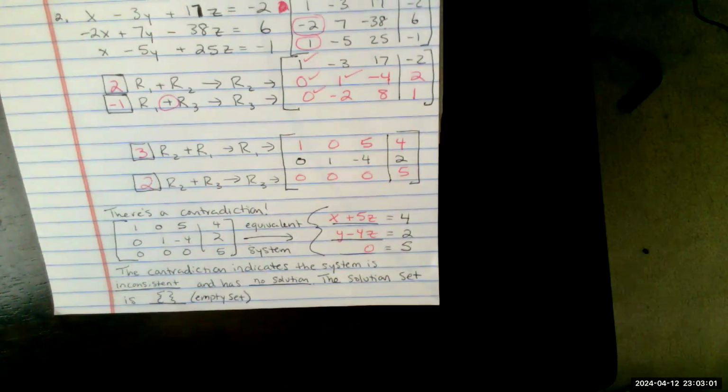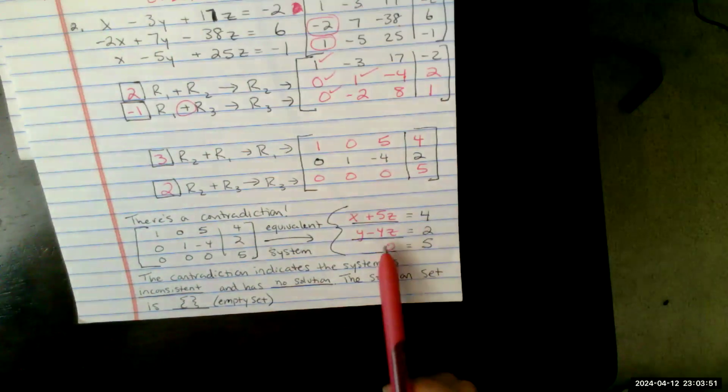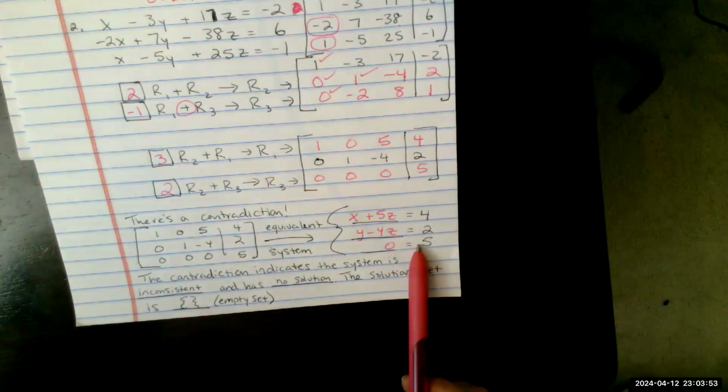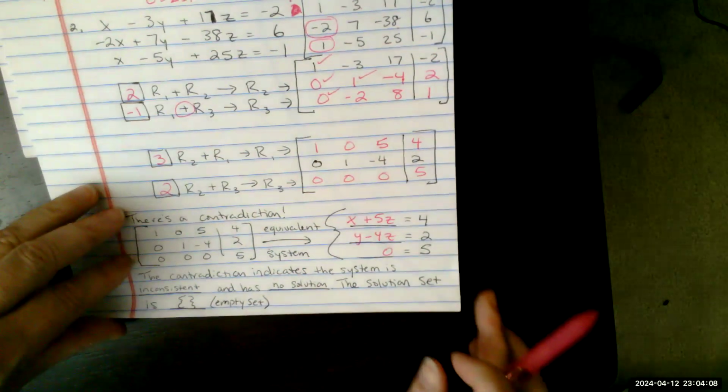And 0 would equal 5. Okay, so now that we have this, like we already knew, there's a contradiction. This doesn't make sense. So that means the system is inconsistent and has no solution. And so the solution set, if you had to write one, would just be the empty set, meaning just the braces with nothing in the middle, because there is no solution.